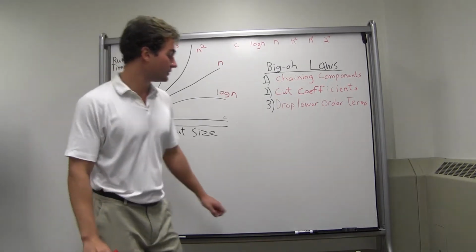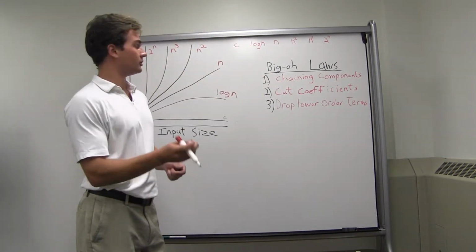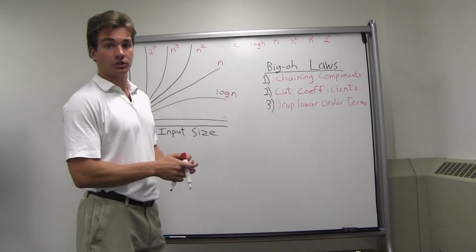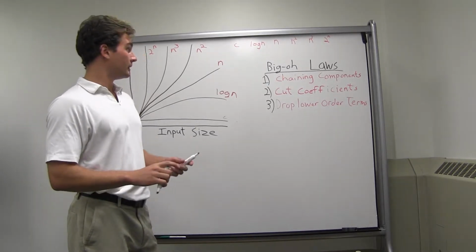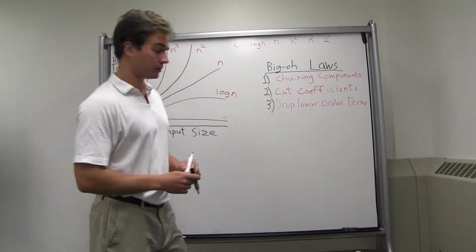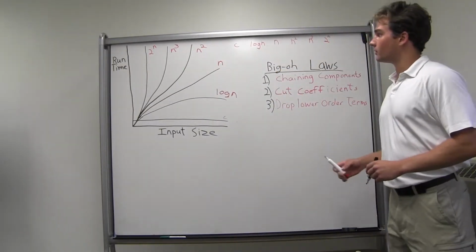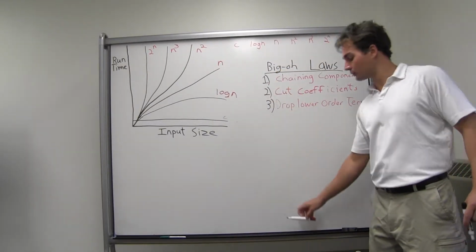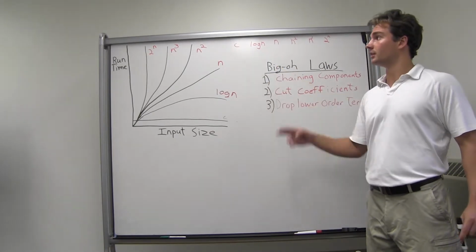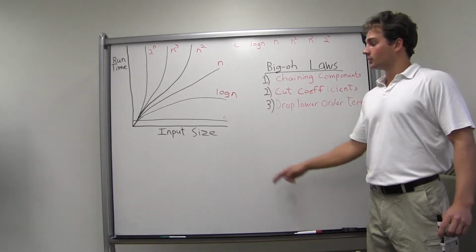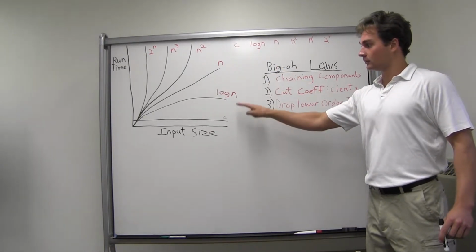Let's take a look at what these functions are doing in terms of their runtime. All right. As we said before, we have our baseline function, the really cool one, our constant function, and that grows no faster than log of n.